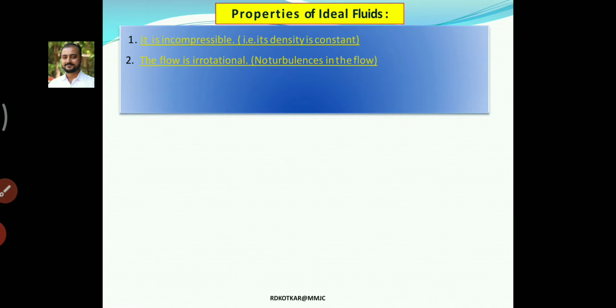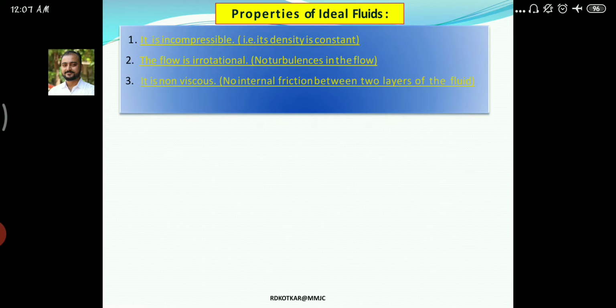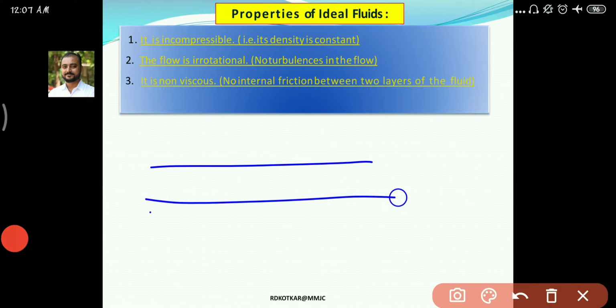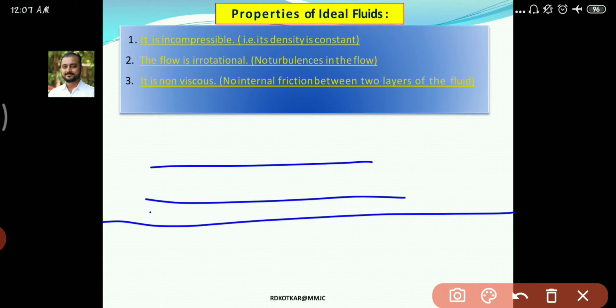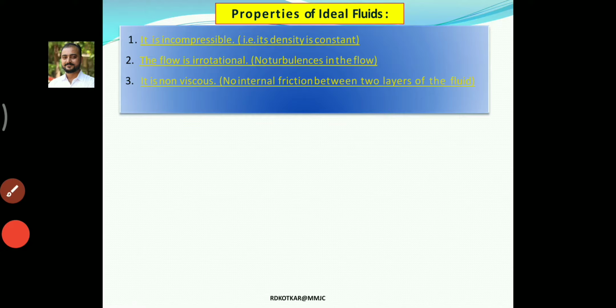If two layers of the liquid are flowing on a surface, one layer can oppose the motion of the adjacent layer. This property is called viscosity, and the ideal fluid is non-viscous, meaning it doesn't have viscosity.